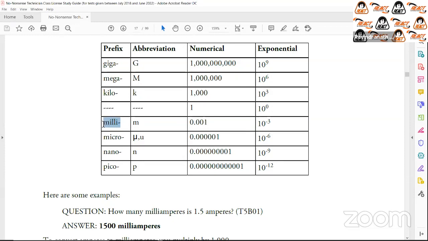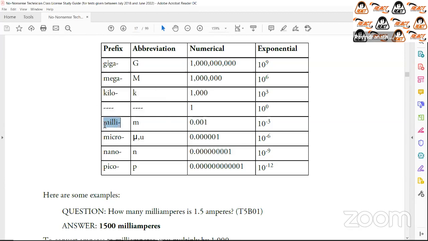So milli, right? So how much do we need to divide by to go from milli to the base unit? The answer is 1,000. We have to divide by 1,000 to go from milli to the base unit.